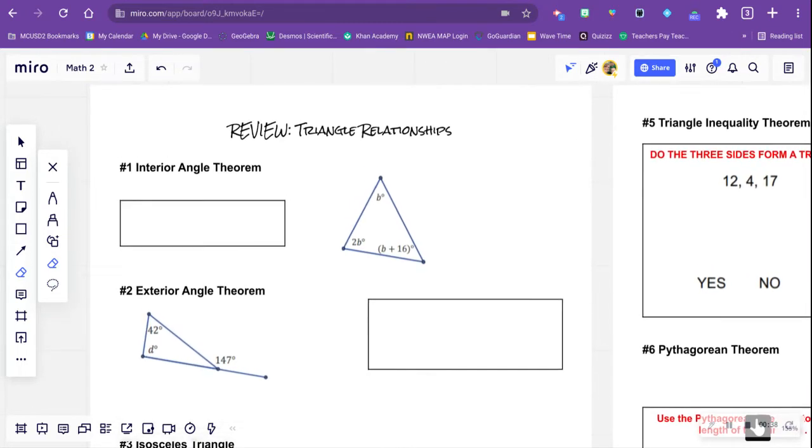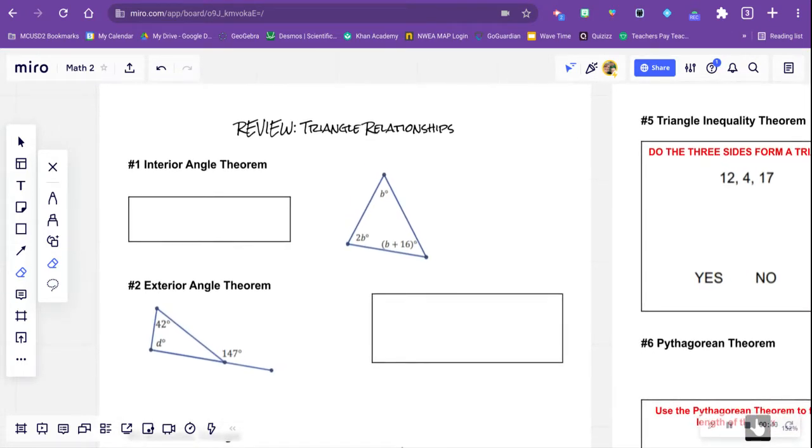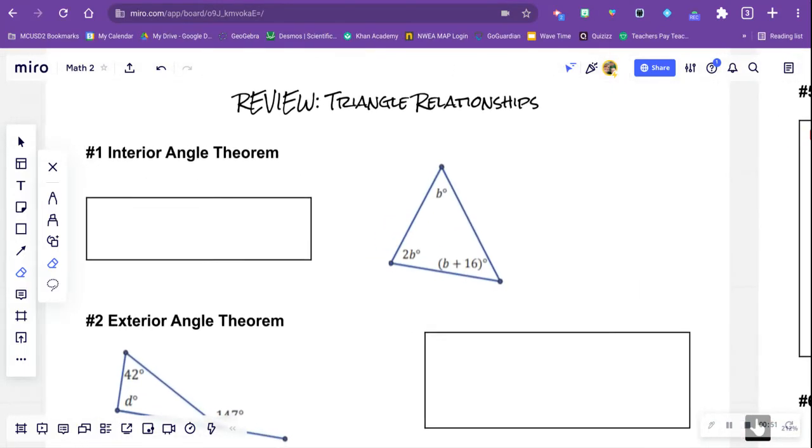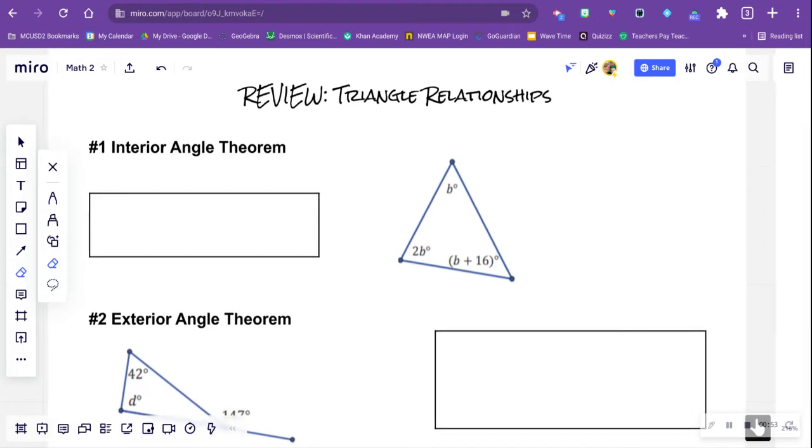The first lesson was on these 2 angle theorems in a triangle. So we have the inside angles, and then sometimes we also have an outside angle that we have to consider. The first one, the interior angle theorem, just states that all 3 angles inside of a triangle must total 180 degrees.